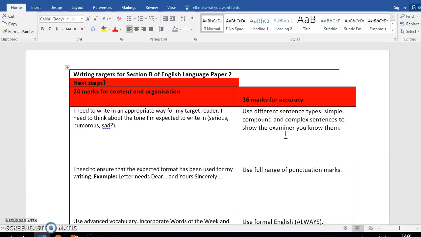Right, next, use a full range of punctuation marks. Yes, it's boring reading sentences with full stops and an exclamation mark. That's about it. And it's really boring just seeing a question mark being used as an example of how varied you can be. No, no, no, no. I need to see ellipses. I need to see brackets.